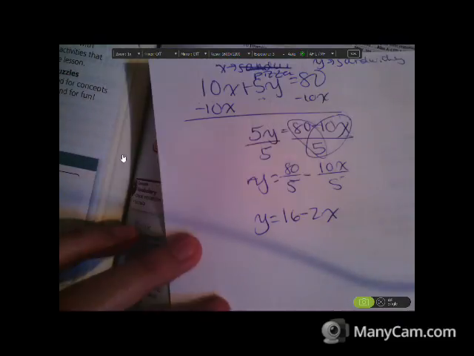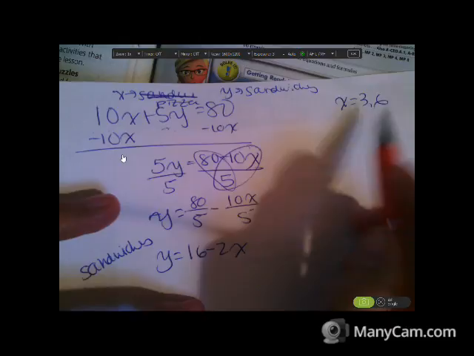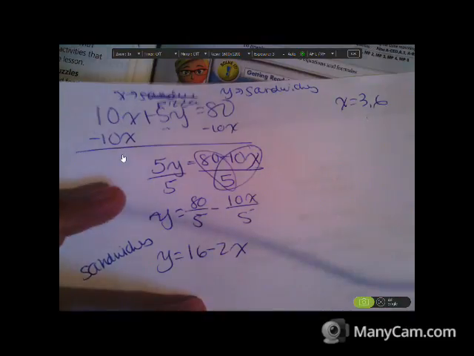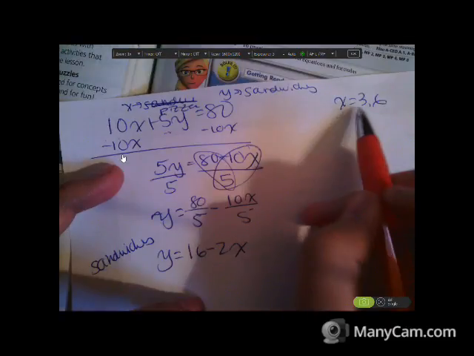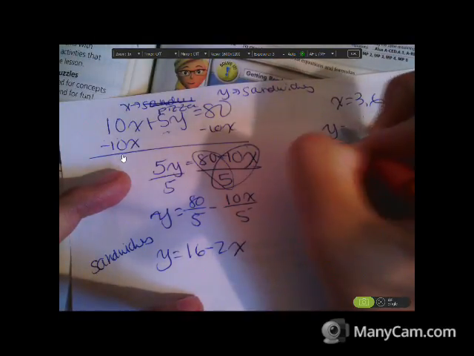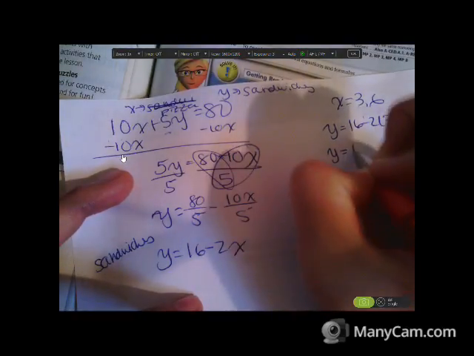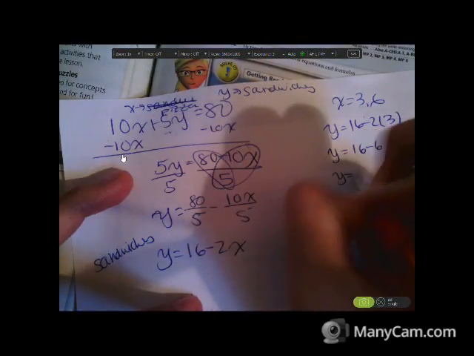So now we got our equation. This is for sandwiches. They're asking how many sandwiches can I buy when I'm buying 3 pizzas and 6 pizzas. That means I'm going to plug these values in for x. So y equals 16 minus 2 times 3, and so y equals 16 minus 6, so y equals 10.